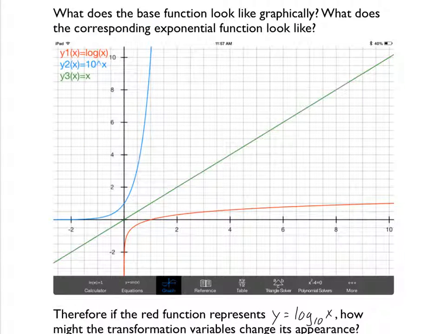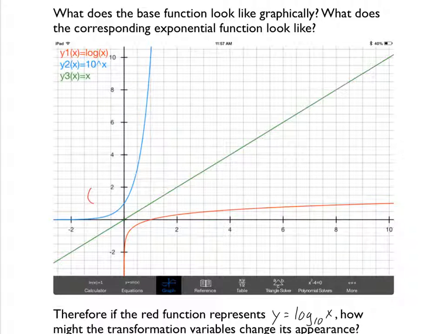Now let's look at what our base or parent function actually looks like graphically. Here we've graphed your blue function, which is your exponential function, 10 to the power of x, and your red function is your logarithmic function, log x, where the base is 10 as well. I'm just going to label our intercepts here.